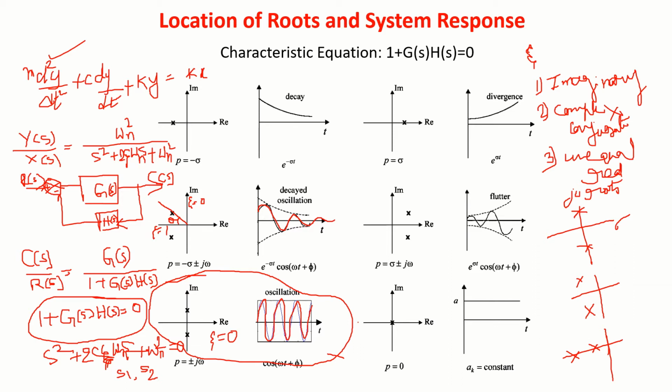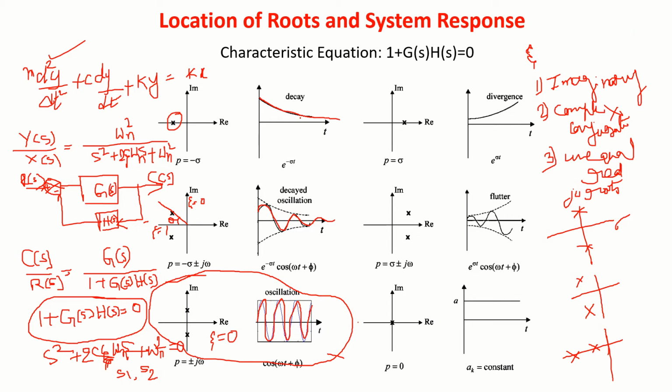Suppose you have real roots, which I have also explained, gradually it will decay down. Here I have shown a single root. Suppose you get two equal real roots, then gradually it will decay down and finally settle down.